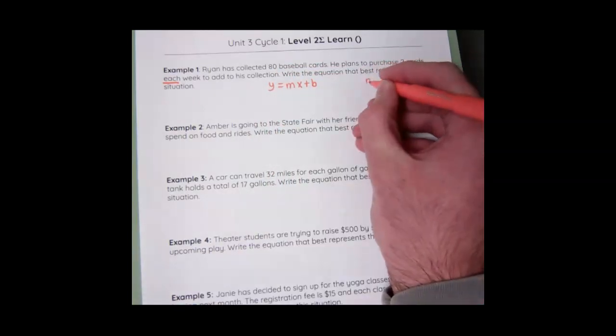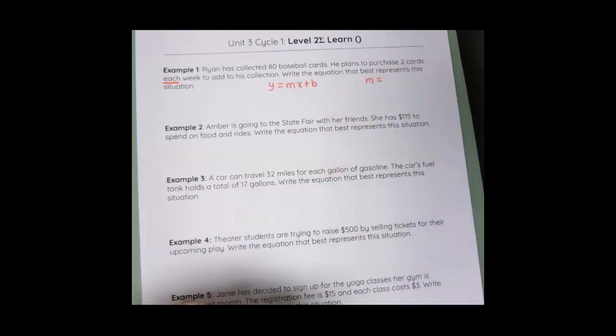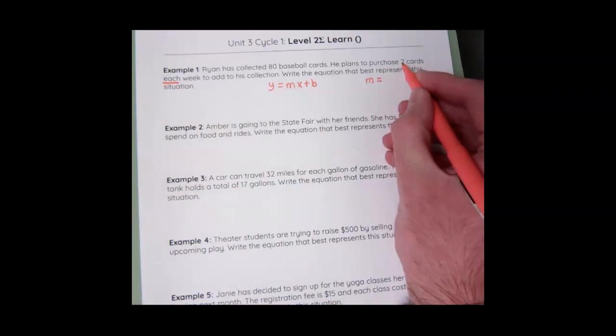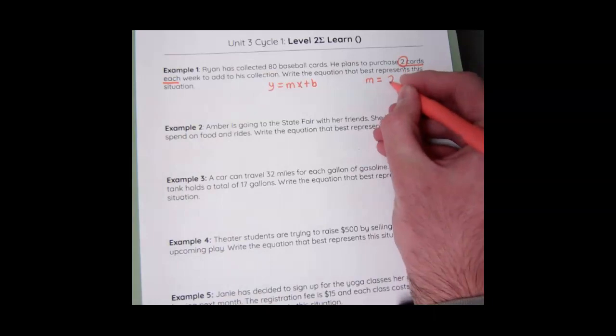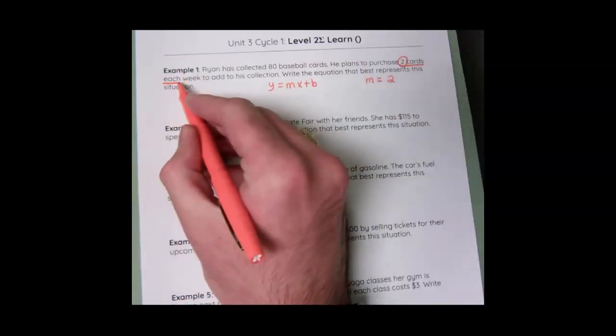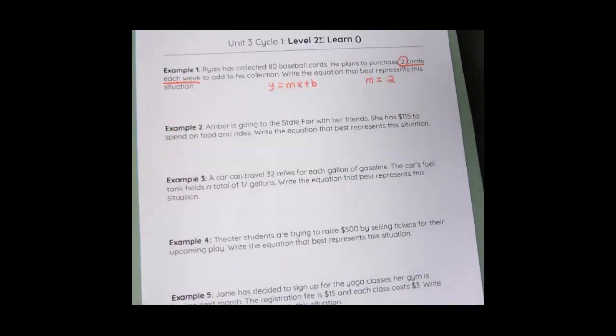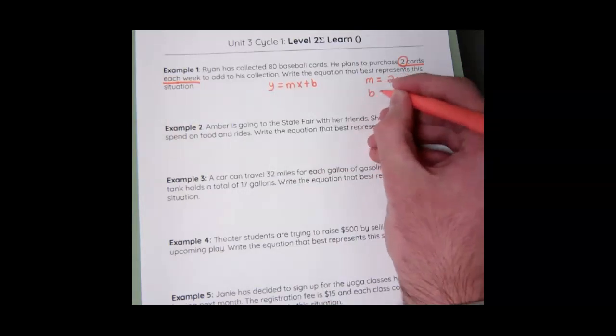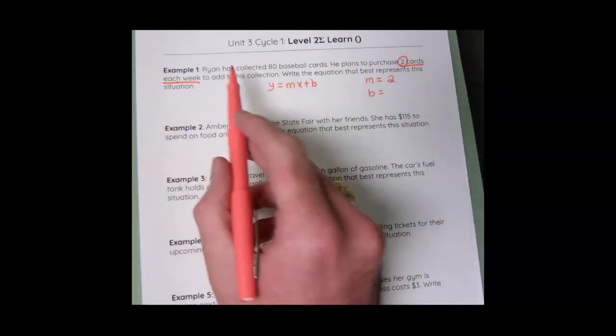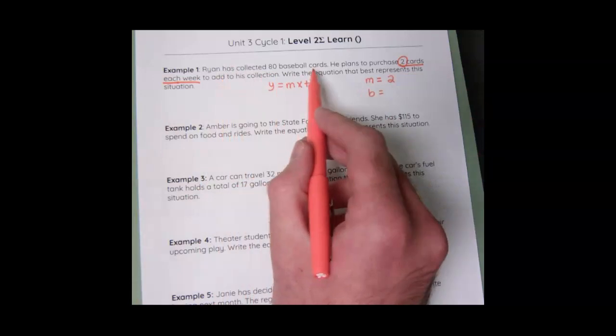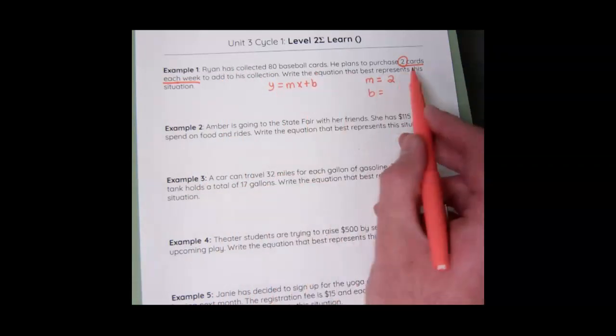So let's first figure out what our slope would be. Remember, those are words like each and per and rate and every. So each week he purchases 2 cards. So my slope here is 2. He purchases 2 cards each week. My y-intercept, on the other hand, is what he starts with. Well, he has already collected 80 baseball cards, and he's planning to purchase 2 more each week.